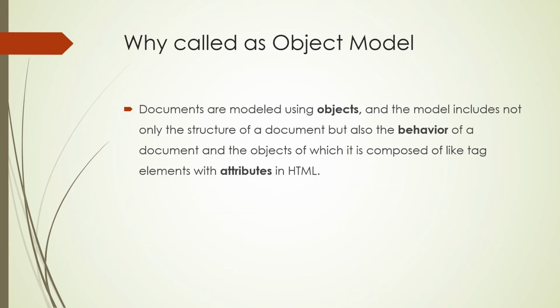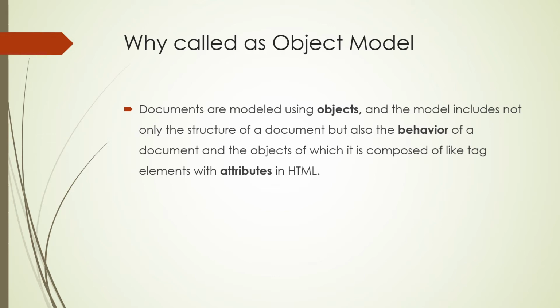Why do we call it an object model? As we can see in a paragraph, documents are modeled using objects, and the model includes not only the structure of a document but also the behavior of a document and the objects of which it is composed, like tag elements with attributes in HTML.